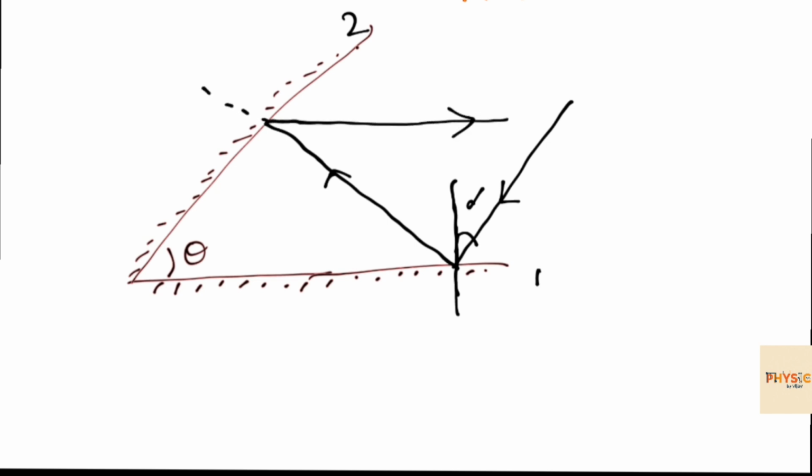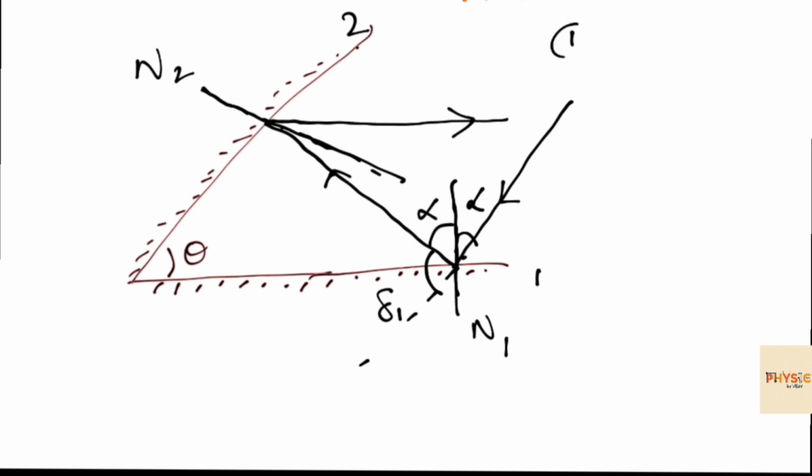Then we calculate the overall angle of deviation. A normal is drawn to plane mirror 1 and to plane mirror 2. Between the original path and the deviated path, the angle of deviation is delta 1. The angle of incidence is alpha, and of course the reflection is also alpha.